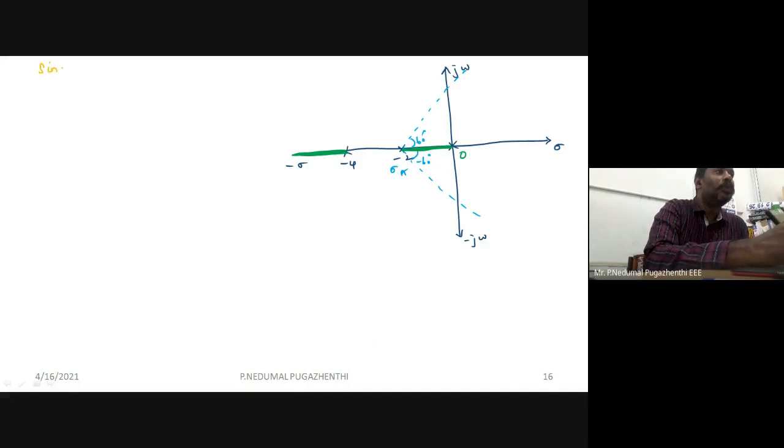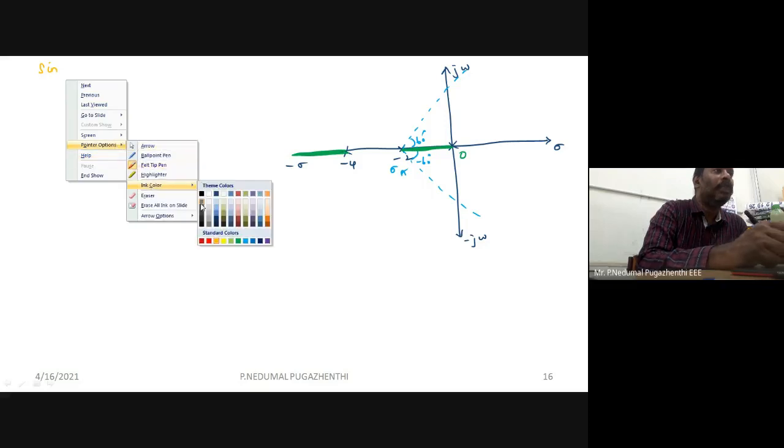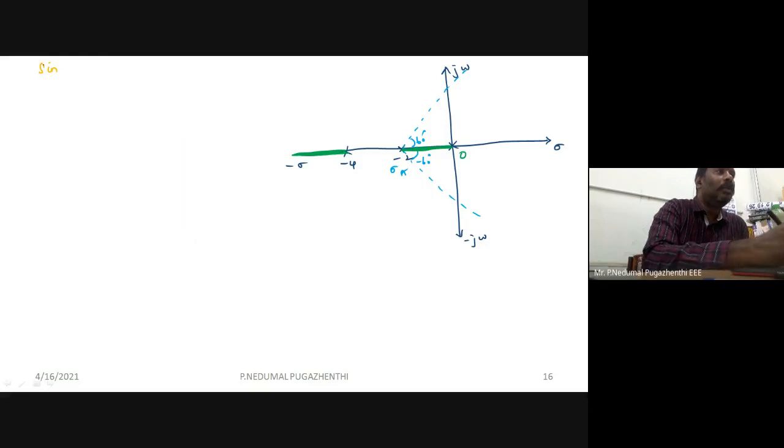Okay, since we have adjacent poles, that is minus 2 and minus 4, or we can say that 0 and minus 2 are adjacent, nearby.